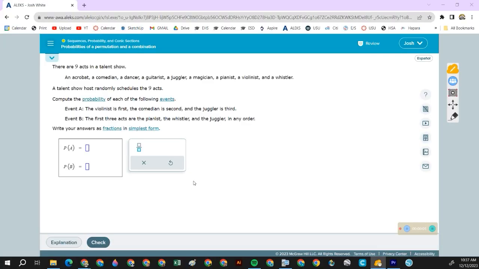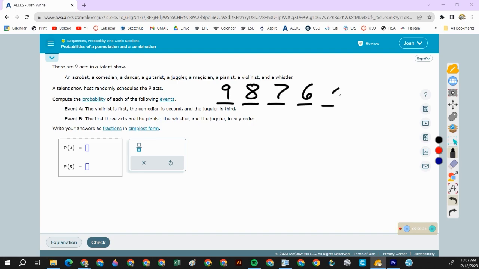So there is one other version of this question that's a little bit confusing. So here we have 9 different acts, and all of them are going to take part in the show. So how many ways are there to choose the first person, and then the second, and so on?